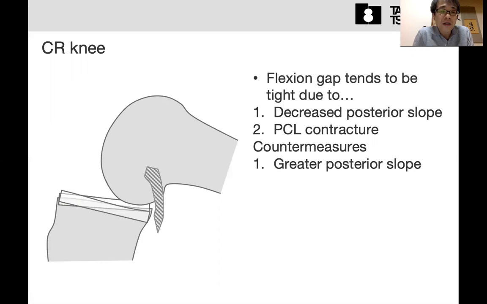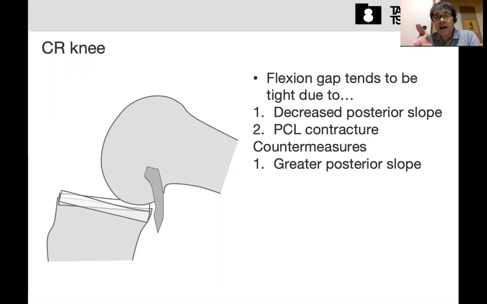So I don't like to make the bony island. Instead, I detach the PCL around half or 1 centimeter below the joint line to protect the PCL from damage.